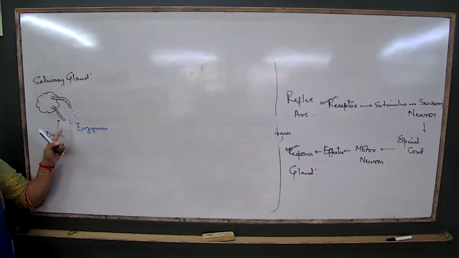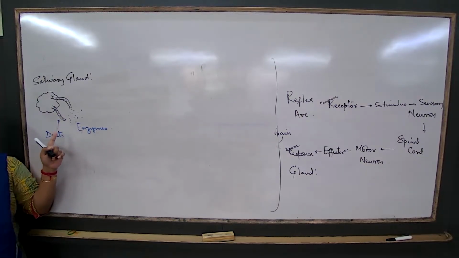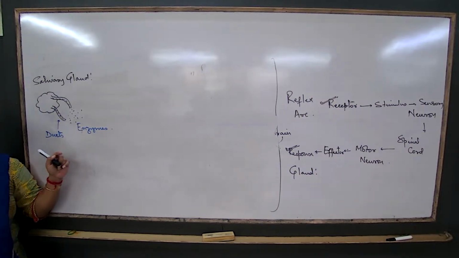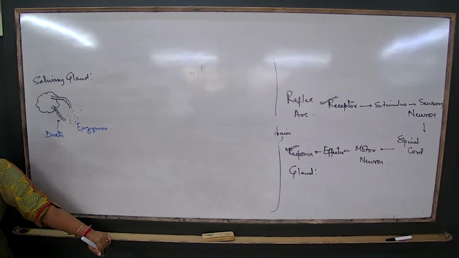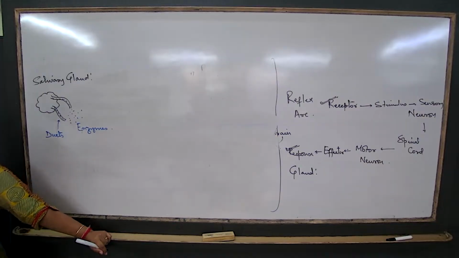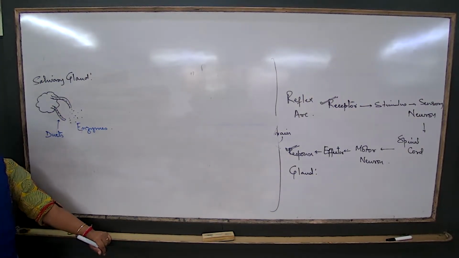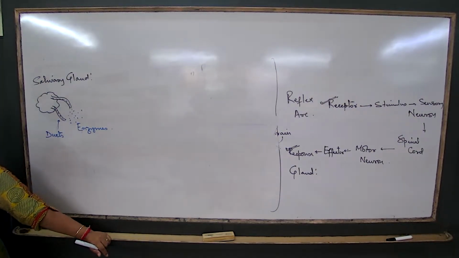But now, these chemical substances which are carried by ducts, can they be carried long distances? Did you ever study that the salivary amylase can show its function in the stomach? In the intestine? No, we never studied that. We always studied that salivary amylase will show its function in the mouth cavity itself. If it is the pancreatic group of cells releasing enzymes, it will show its function near the pancreas itself.